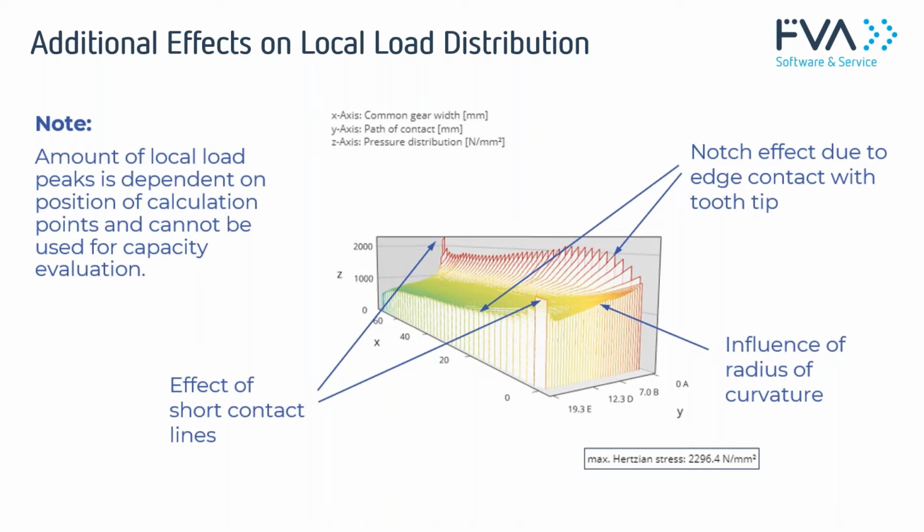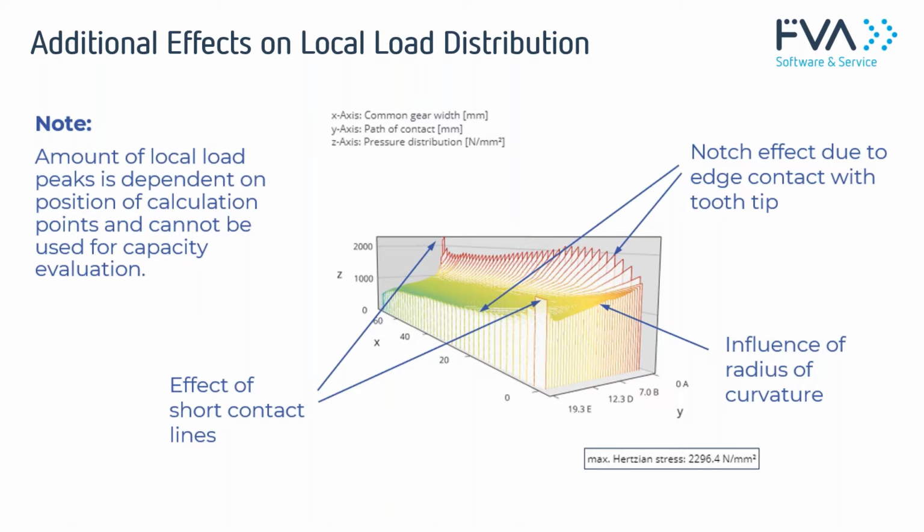And then we have another effect, the effect of the short contact lines at the begin and the end of the mesh. You see the contact lines are getting smaller and smaller when you go to these edges at the begin and end of the mesh. Although these areas have a lower stiffness and take a much lower force than the contact points within the face width, the load is divided along a very small contact line, and so the line load and therefore the pressure values can get very, very high.